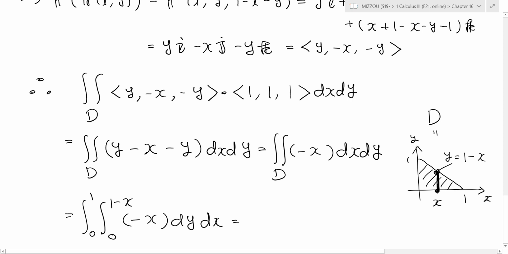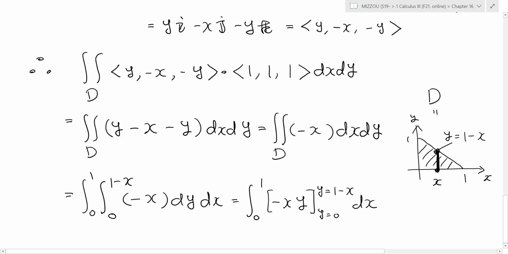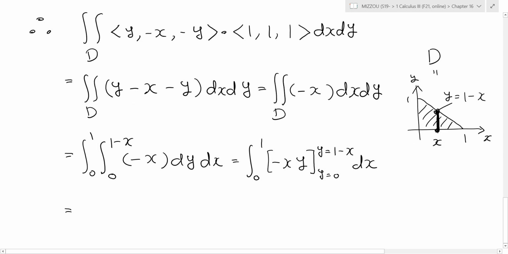So this is the integral from 0 to 1 of negative x y, with y from 0 to 1 minus x, dx, and that is equal to the integral from 0 to 1 of negative x times (1 minus x), and y is 0, so it's 0.